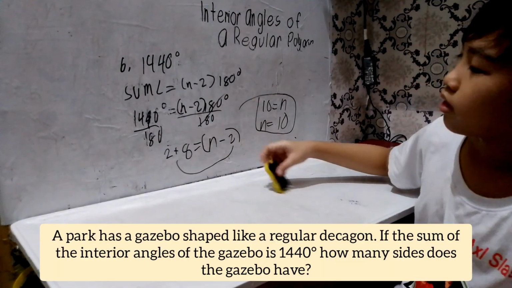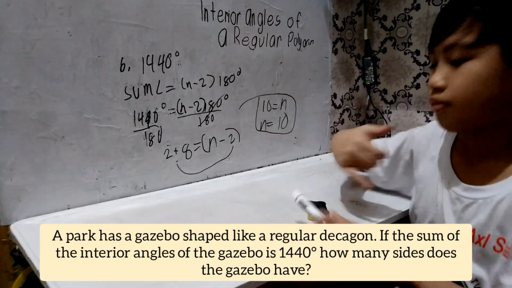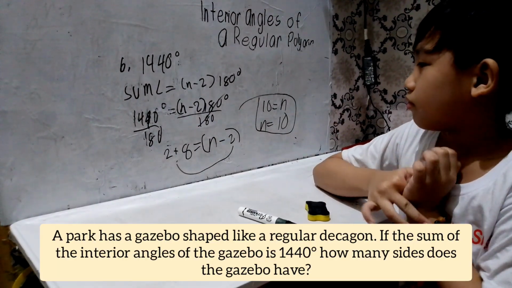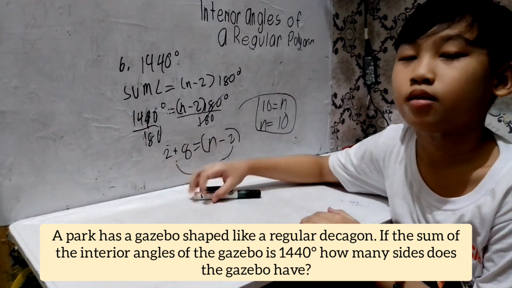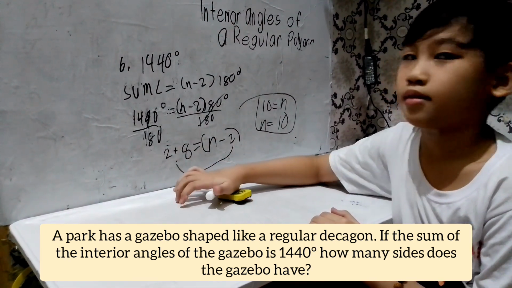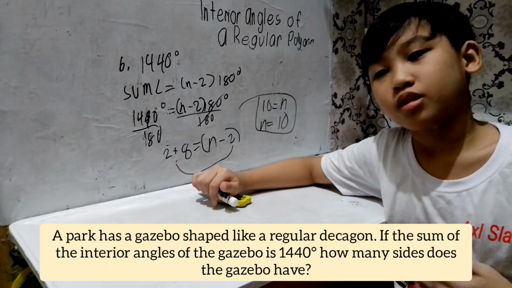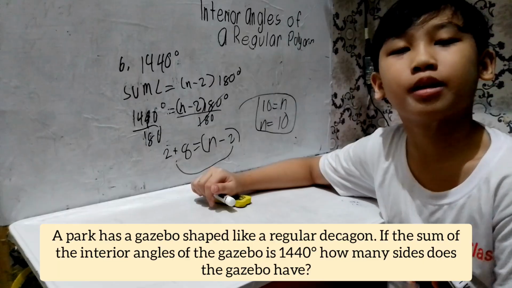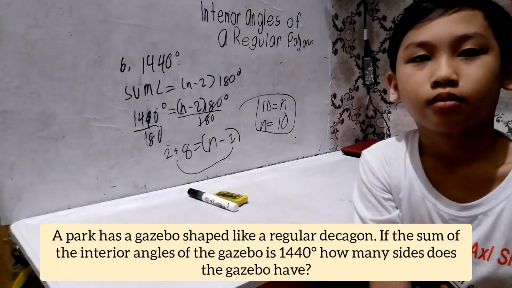You have to change the sign of negative 2 into positive since we are transposing it. And then you have 10 equals n. n is equal to 10. This is the number of sides, and at the same time the number of angles, just like the previous one. Computing the number of sides and computing the angles are the same process.